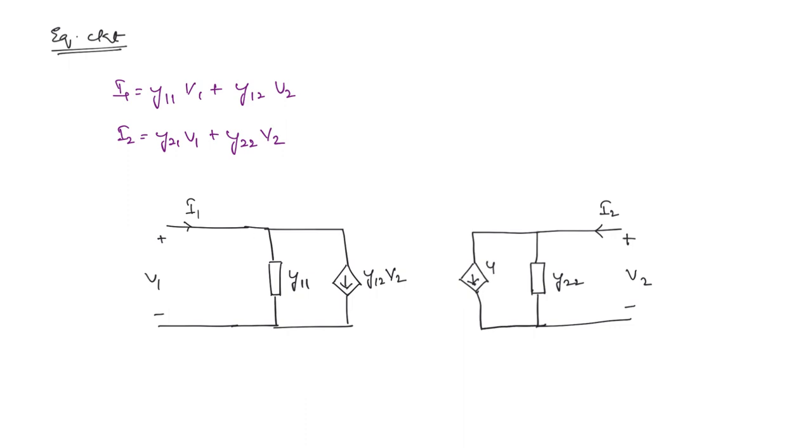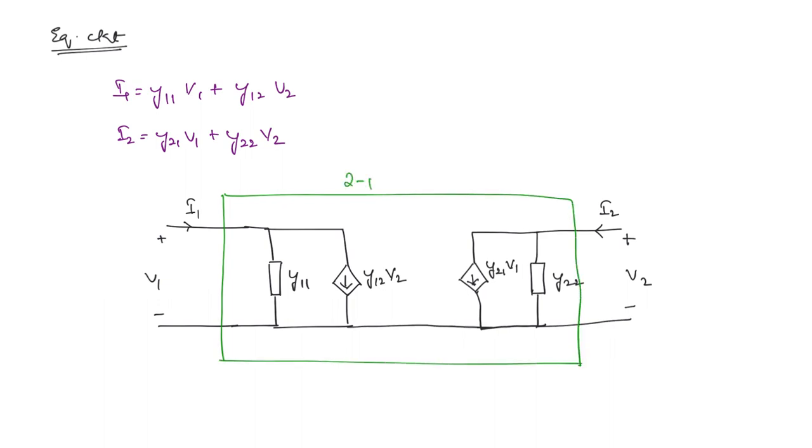And what will this be? Y21 V1, and these two you will connect like this. So this entire thing will be inside the two-port network. Outside we will only be able to see the terminals. Voltage across the terminals is V1, current through the terminals is I1. Here on the other side, V2 and I2.